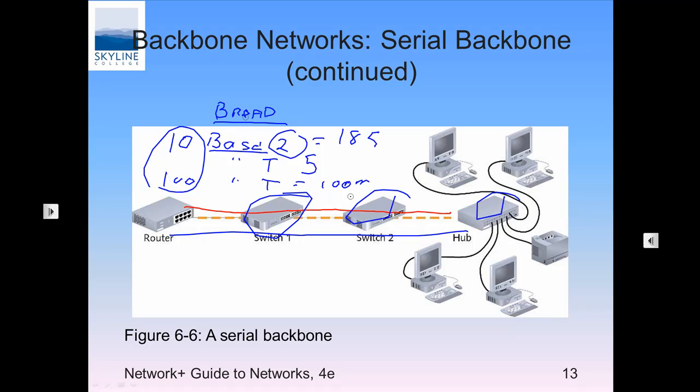We're not going to have a lot of broadband. The Ethernet stuff that we're going to do is going to be baseband, single carrier frequency. So you'll see things like 10 base, 100 base, 1,000 base. Speed, baseband or broadband is all that you can actually have there. And then the distance, how far you can go in a single segment.